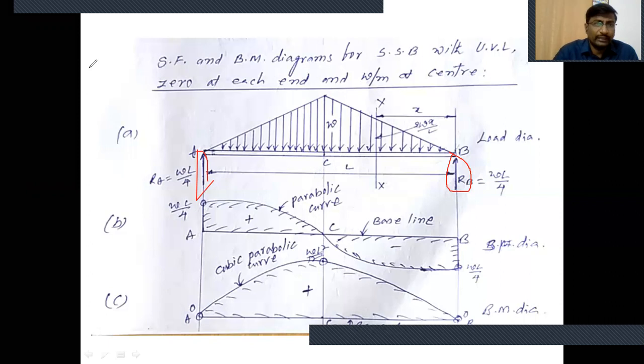So the area of the triangle is half into base into height. The height of this triangle is the maximum load intensity w, and the length is capital L. So the total load acting on the beam is wL by 2. Clear, students? wL by 2.